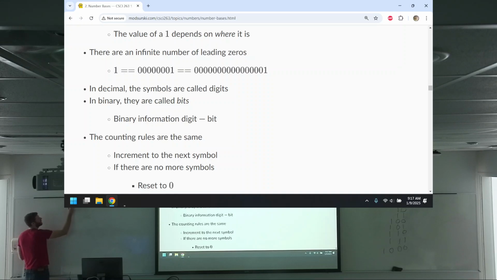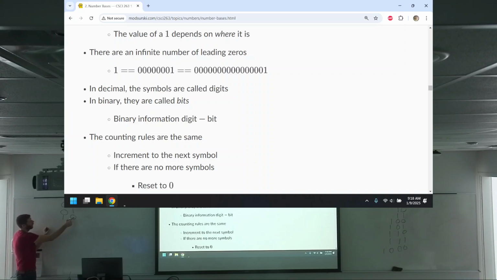What comes after the symbol 0? 1. Okay. What comes after the 1 symbol? We don't have a 2, so we've got to reset to 0. But what do we do? Increment the next number. And what was that? Well, that was a 0. Remember, there are zeros here. So increment that 0. What comes after 0?